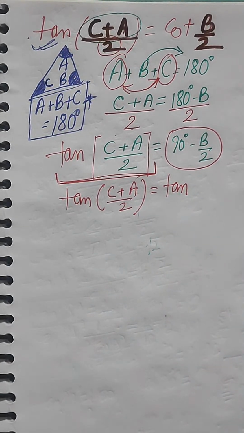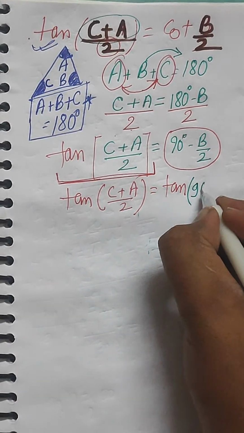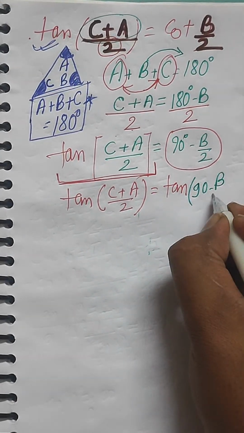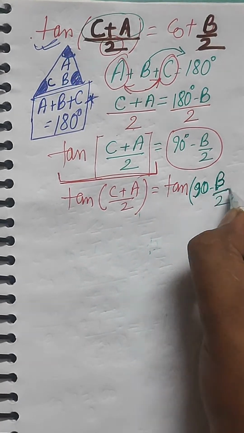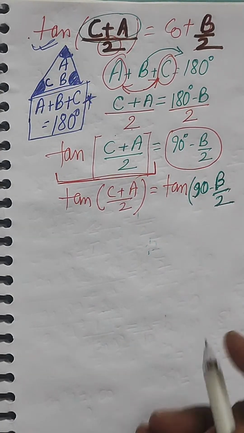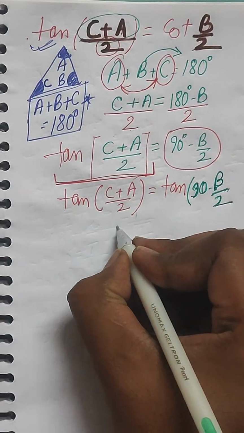So in place of (c plus a) by 2, we can write 90 minus b by 2. Now the LHS will remain as it is, and the RHS will be like this.